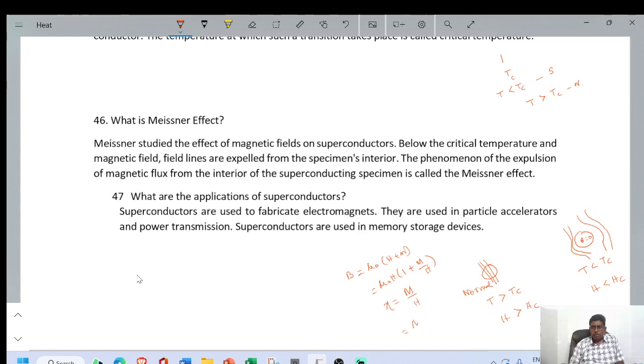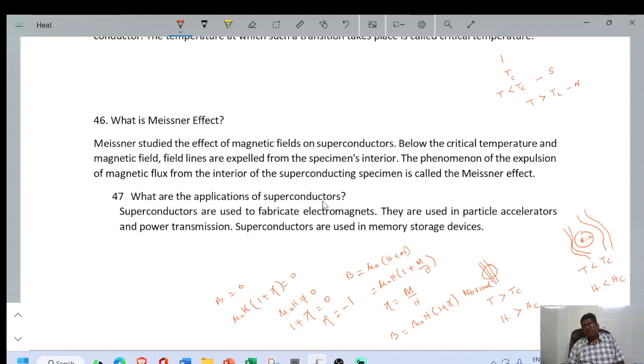Therefore, mu naught into H into (1 plus chi) equals B. According to Meissner, B equals 0. Therefore, mu naught into H into (1 plus chi) equals 0. But mu naught into H is not equal to 0. Therefore, the quantity 1 plus chi equals 0, then chi equals minus 1. This concludes that all the superconductors are perfectly diamagnetic in nature because of negative susceptibility.